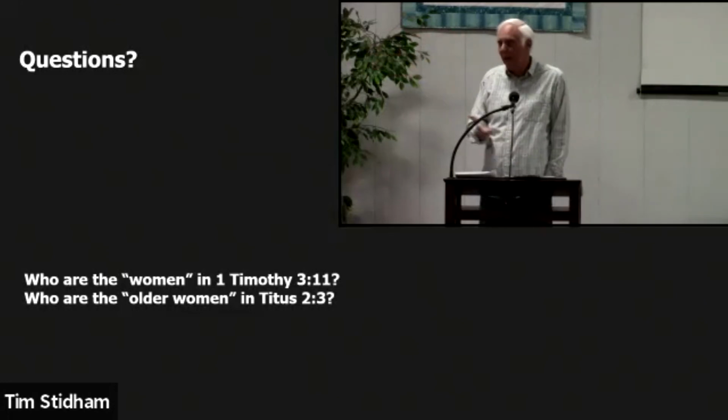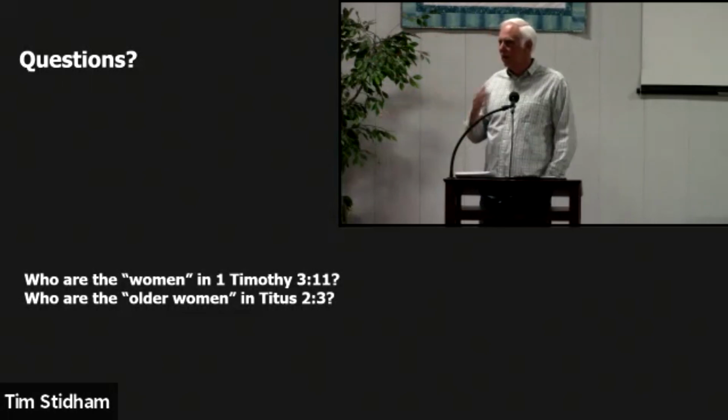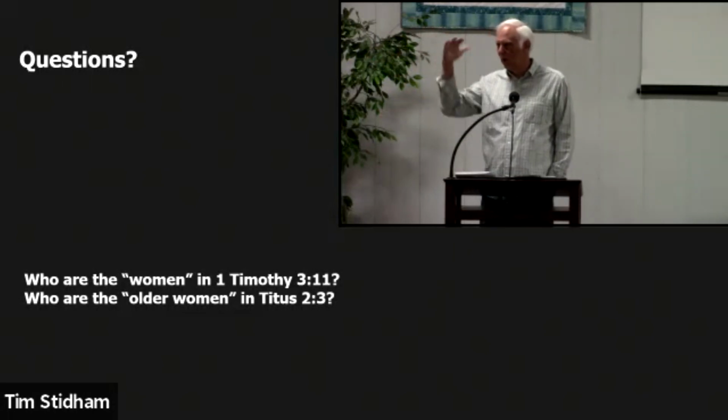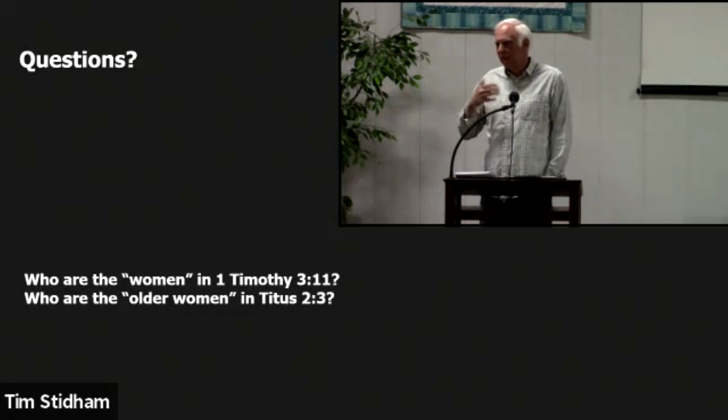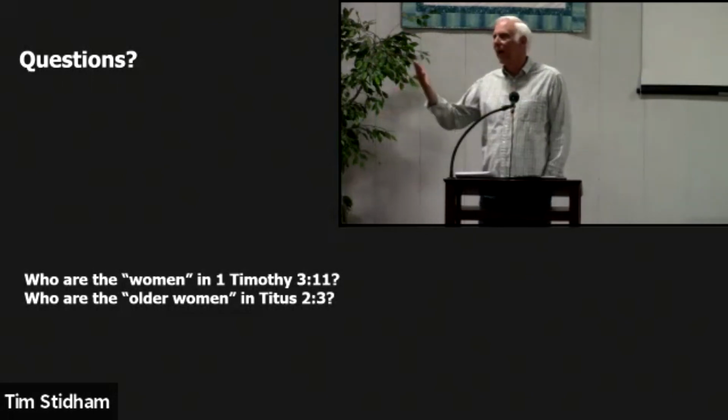There are no instructions here on masters. So there may not have been any masters who were part of the church in Crete. There were only slaves. So you see that there are these household codes, as they're called, that kind of tell you how you behave. It's not advocating slavery, but tells you how to behave as a slave. It's not advocating being a woman, but it tells you how to behave as a woman.